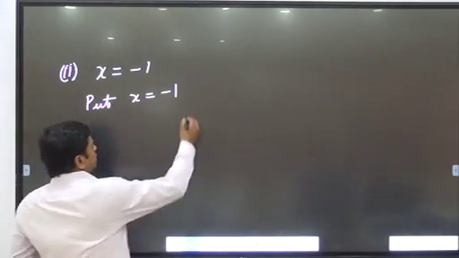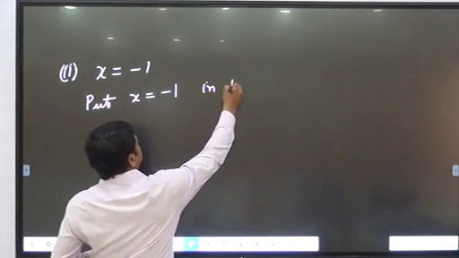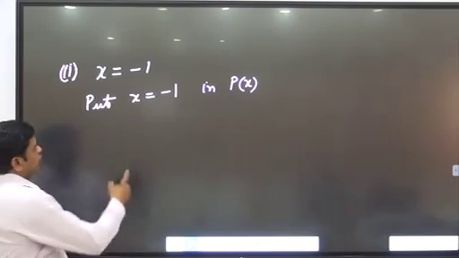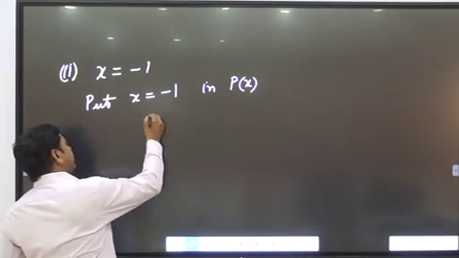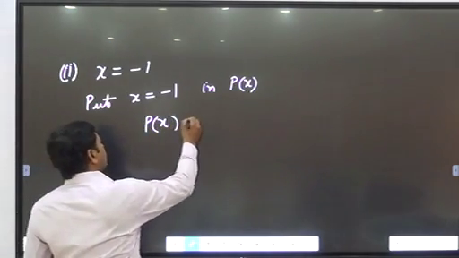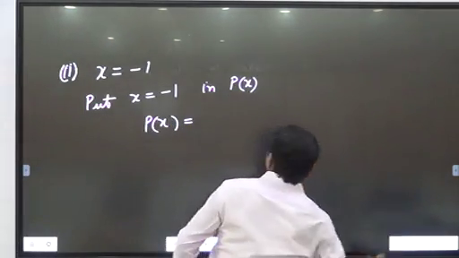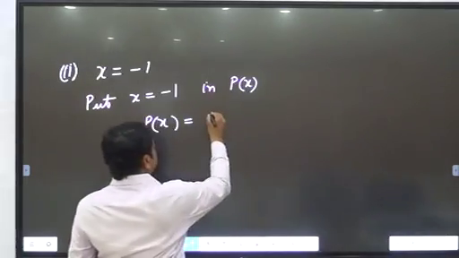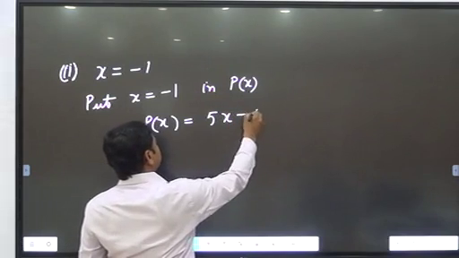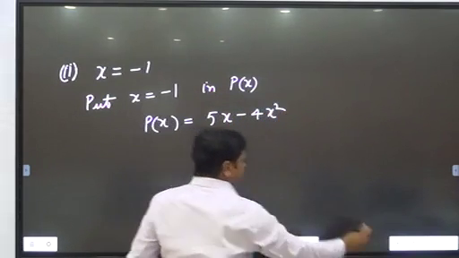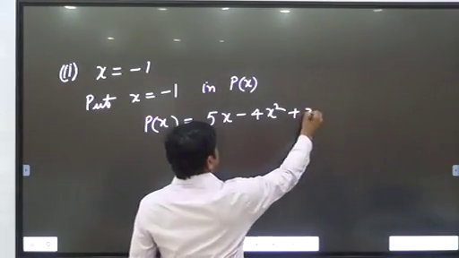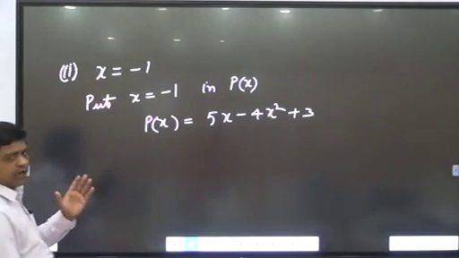So put x equal to minus 1 in polynomial p(x). Okay, so write the polynomial first. p(x) is equal to, what was the polynomial? 5x minus 4x square plus 3.